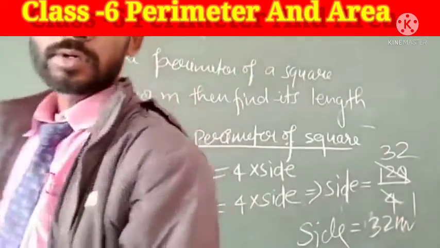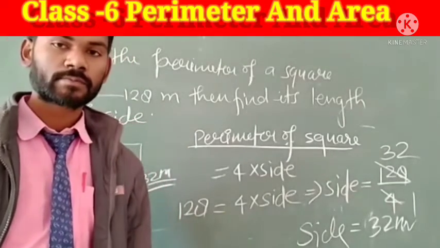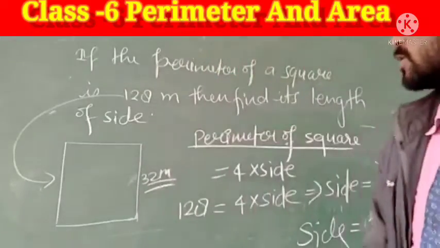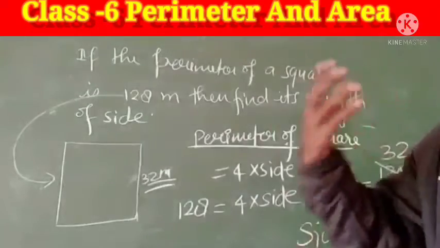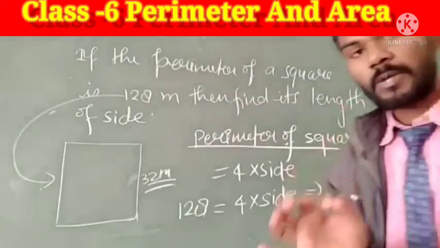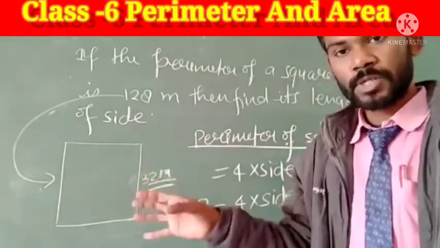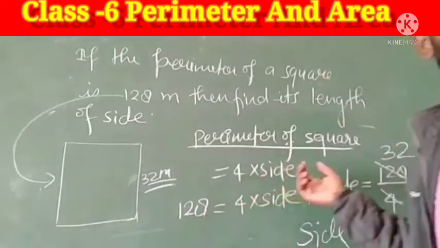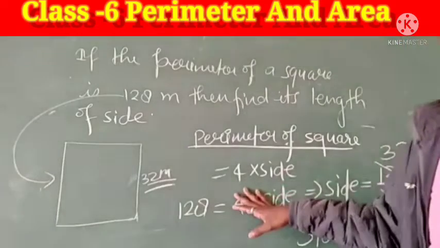Okay, students? So I hope the solution is clear to everyone. Now let us see the solution one more time. The question says that if the perimeter of a square is 128, then find its length. Since the perimeter is given, that is the total length of the boundary of square, which is equal to 128. We know the formula, which is perimeter of a square is equal to 4 into side.